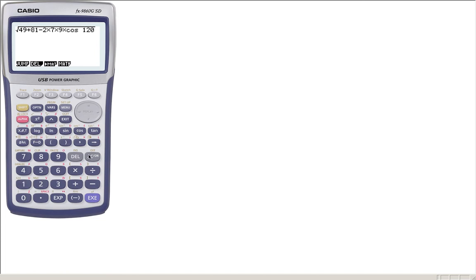Now, if you type this, the answer is incorrect. And the reason is the input mode: the angle is in radian. So you have to change it to degrees. So shift menu to change it from radian to degrees. Yeah.